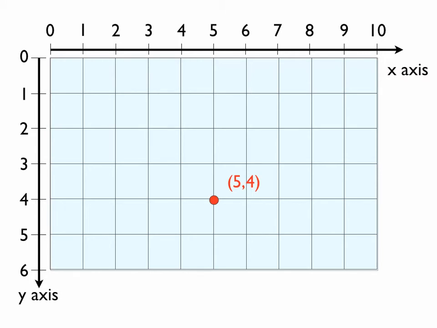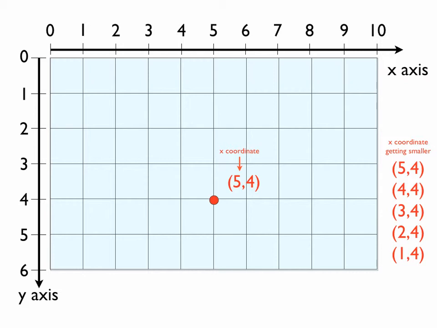Alright, let's look at this pixel and let's just focus in on the x-coordinate. What would happen if the x-coordinate were to get smaller? What do I mean by that? Well, we start at 5, 4, and then we take the x-coordinate, which is 5, and we lower it, making it 4, 4, then 3, 4, x equals 2, y equals 4, and then 1, 4.